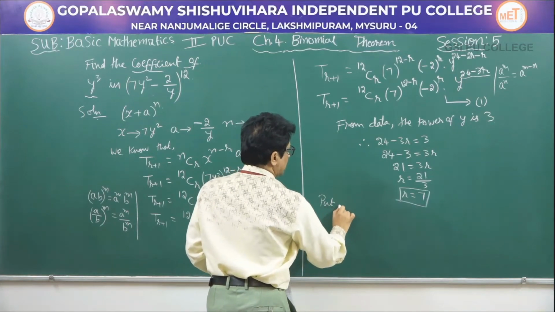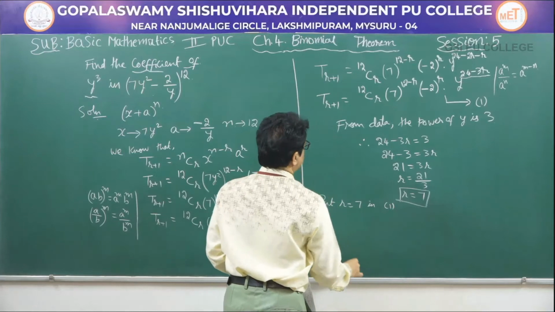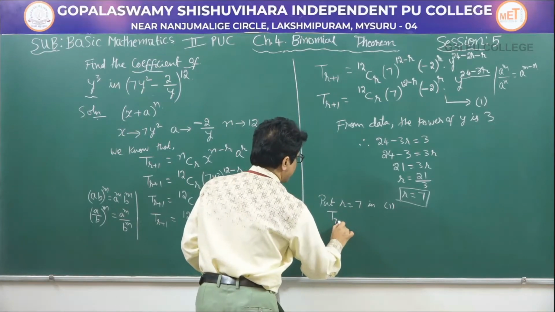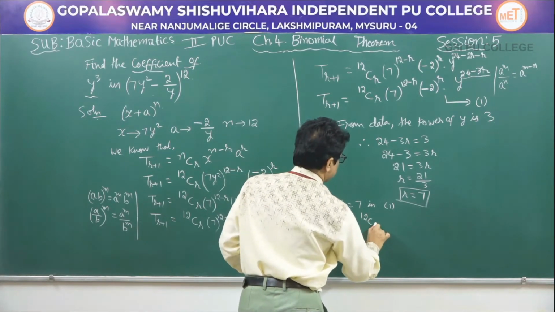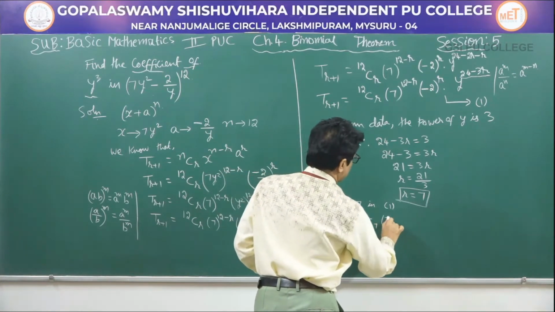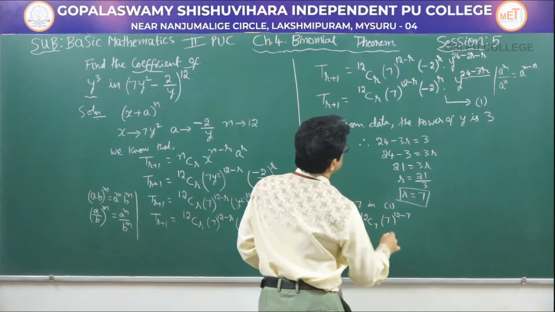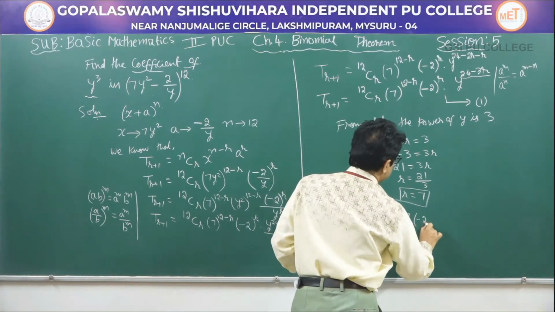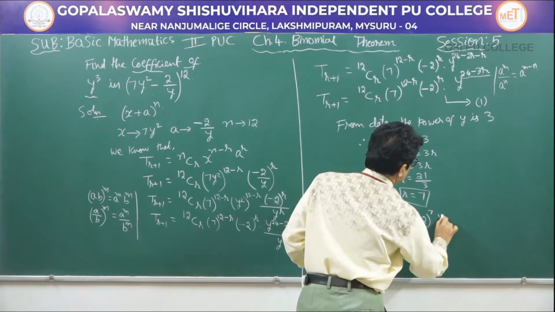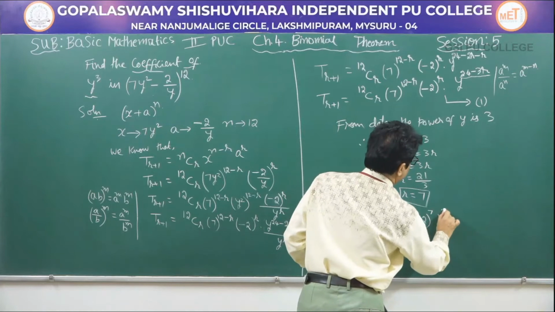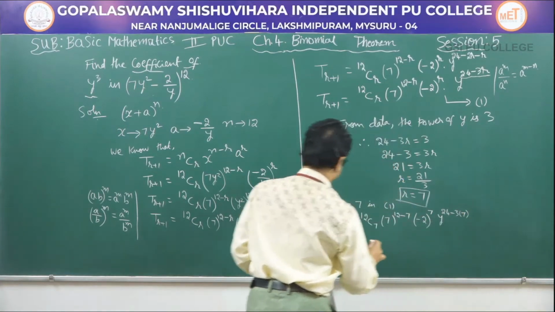Put r equals 7 in 1. We get T(7 plus 1) is equal to 12C7 into 7 whole power 12 minus 7 into (minus 2) whole power 7 into y power 24 minus 3 into 7.